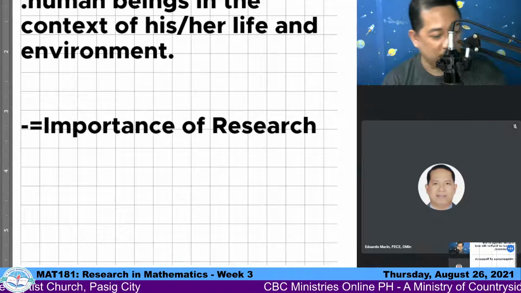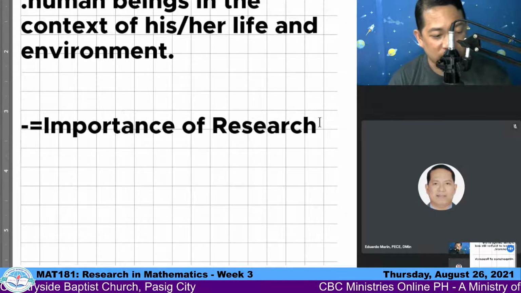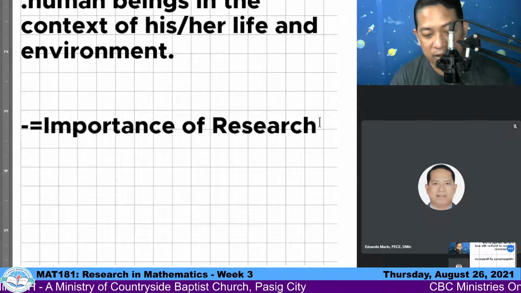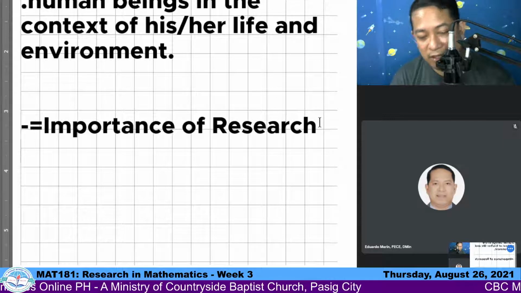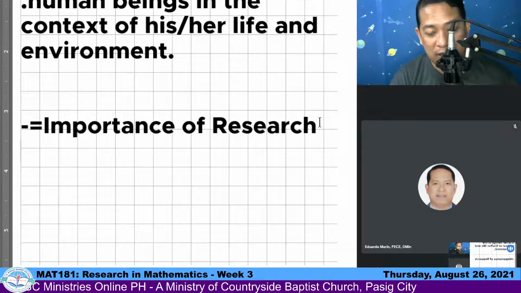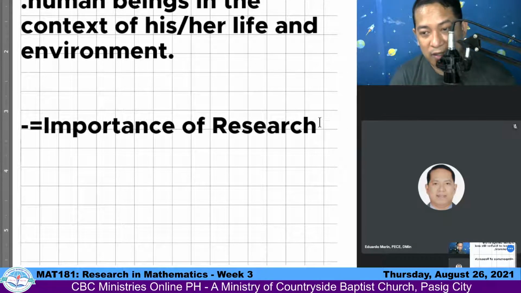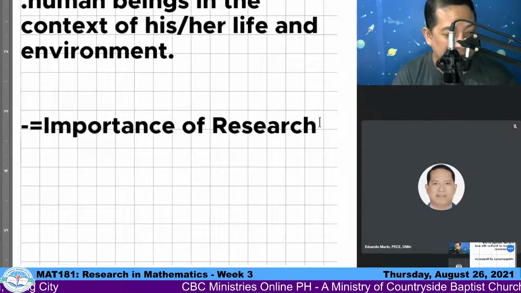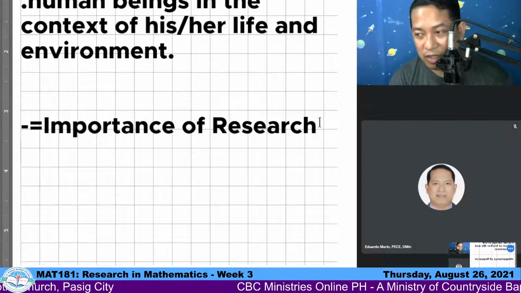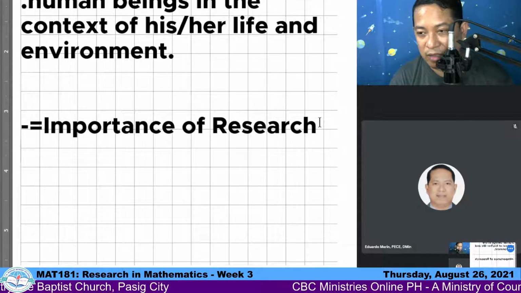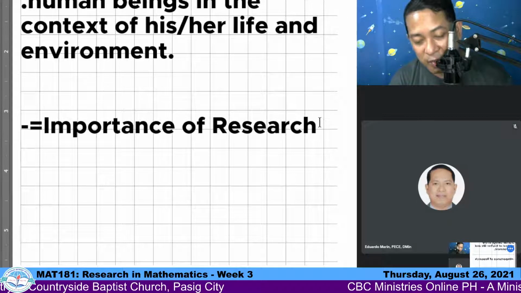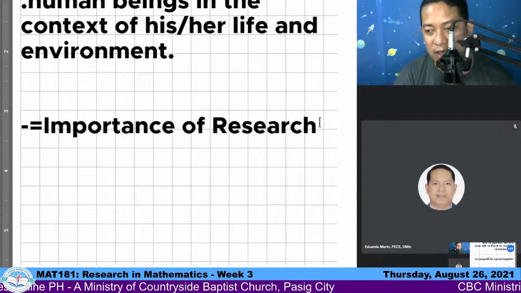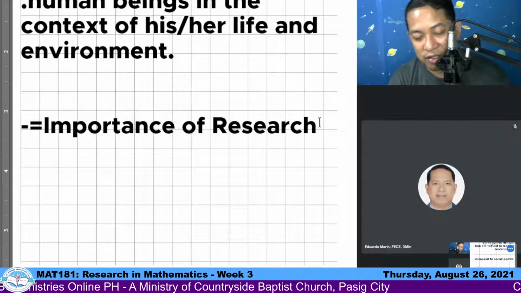Alright, so these are the importance, no? Finding reasons why research is important seems like a no-brainer. So parang hindi nag-iisip, no? Pero may kahalagahan even in, for people, many people avoid getting involved in research. They don't want to participate in the research process, not as a researcher and not also as a respondent to the research instrument.